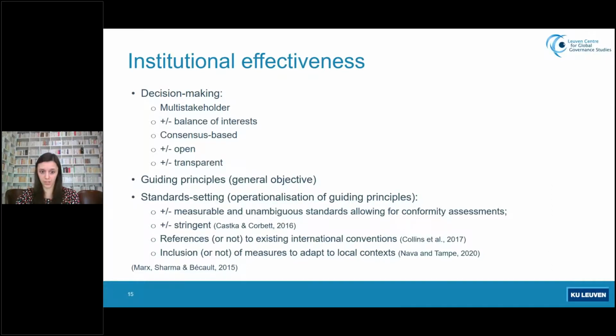But actually, there is a very good study from Katka and Corbett from 2016, and they show that more stringent VSS are not associated with lower levels of adoption, and they say that it could be explained by the fact that the cost of adoption is in the end not so high, or that the benefits of certification are higher than the cost.